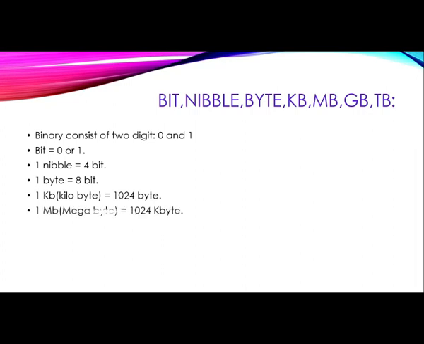In the same way, 1 KB, kilobyte, is equal to 1024 bytes. 1 MB, megabyte, 1 GB, gigabyte, and 1 TB, terabyte, every time it is multiplied by 1024: kilobyte, megabyte and gigabyte. So these are the sizes of your data: bit, nibble, byte, KB, MB, GB and terabyte.